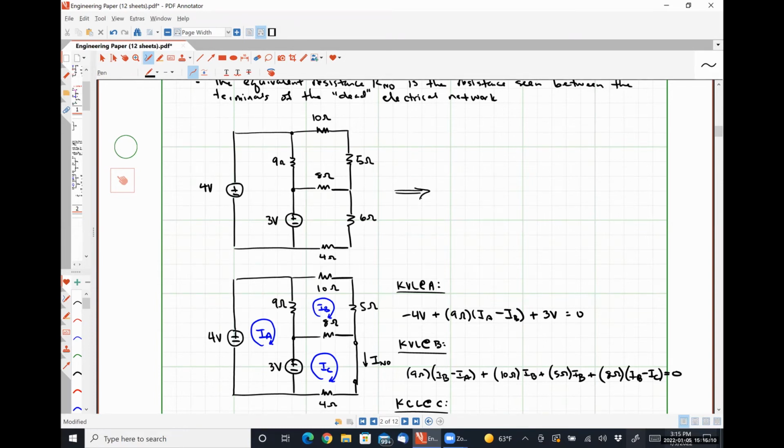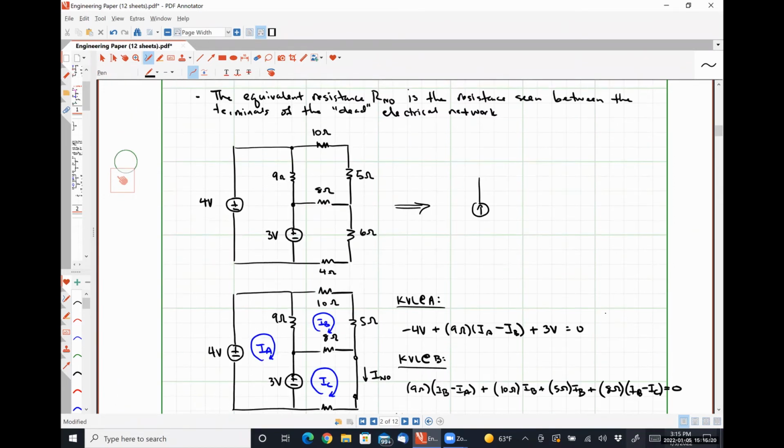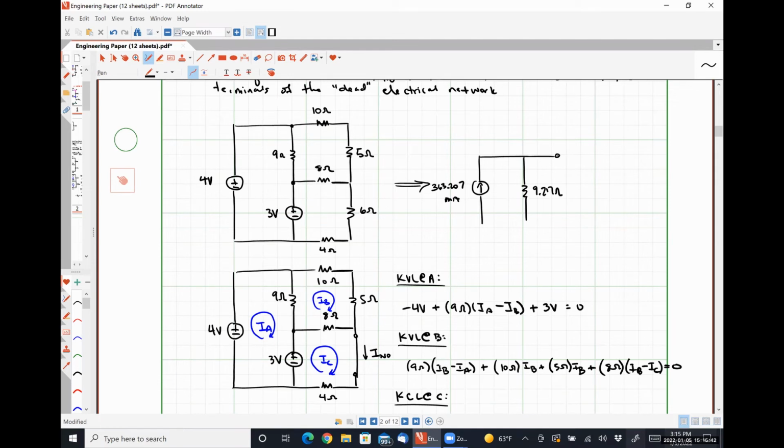So from this, this is electrically equivalent to a 363.207 milliamp source in parallel with a 9.217 ohm resistor, in parallel with our component of interest, the 6 ohm resistor, right?